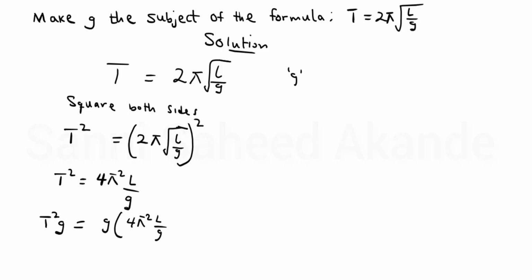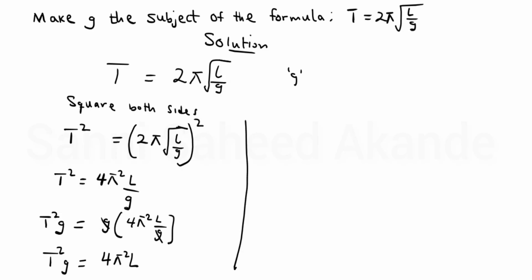We have multiplied both sides of this equation by g, so that this g will cancel this g. So we are now left with t squared g is equal to 4 pi squared L.